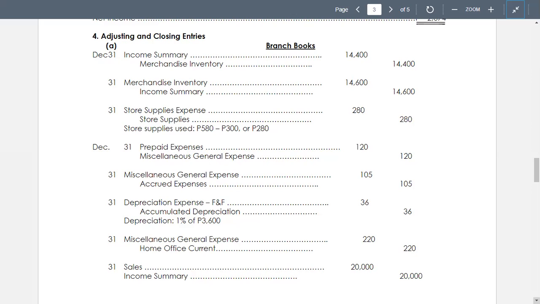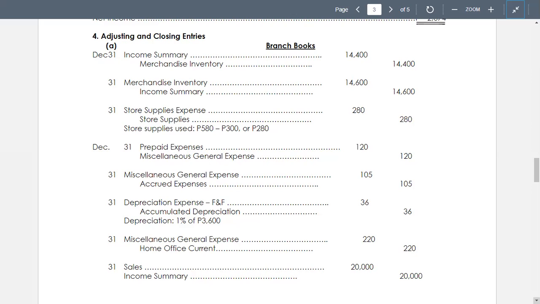The beginning balance of the store supplies account in the books of the branch was 580. So minus the ending inventory of 300, we now record the expense portion of 280. So debit store supplies expense and credit store supplies by 280. So that if you post the credit to store supplies of 280, the original balance was 580.